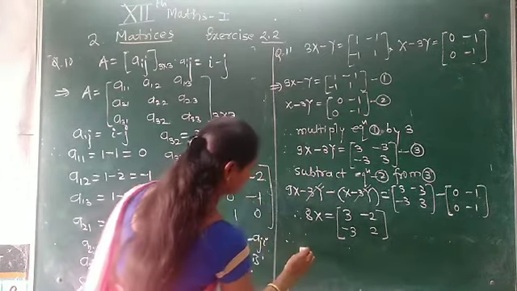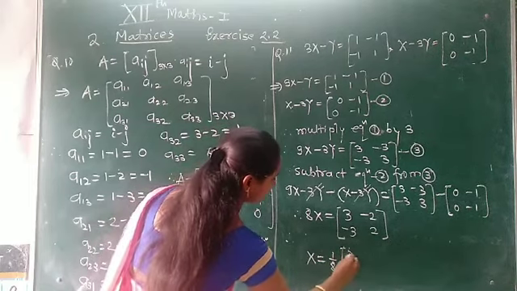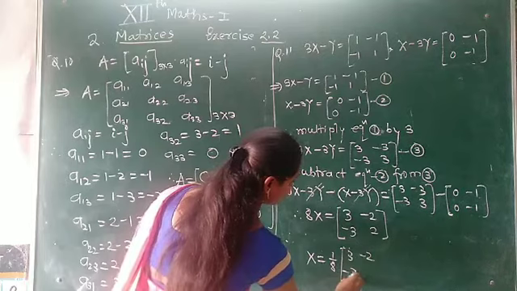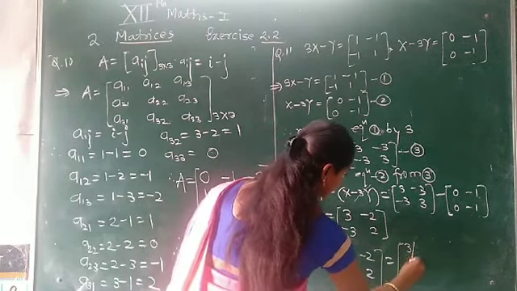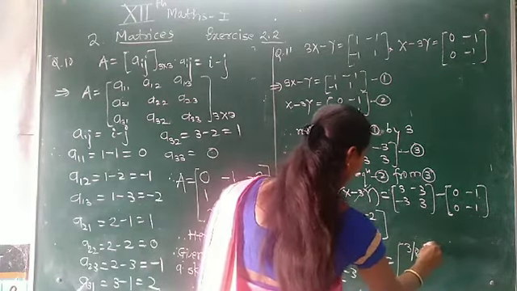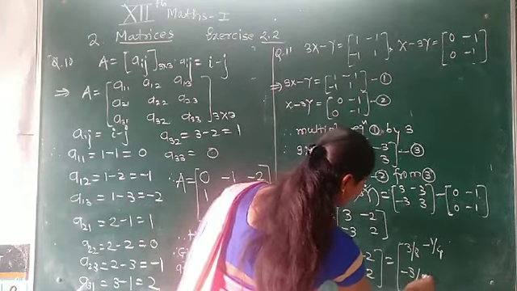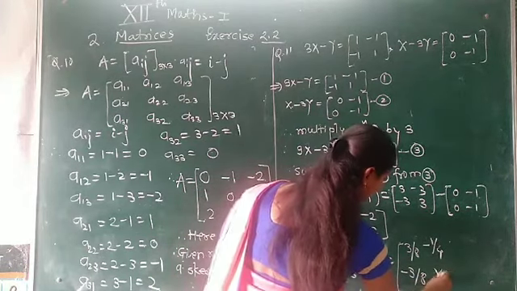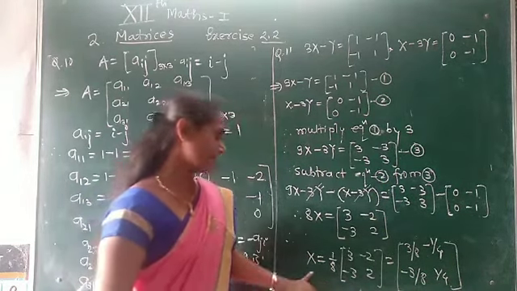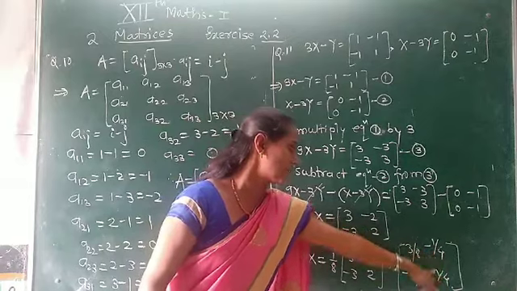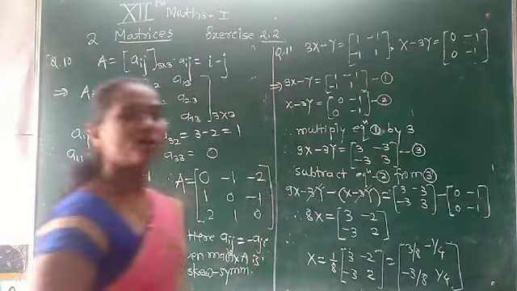So 8x is equal to, therefore x is equal to 1 by 8 into 3 minus 2 minus 3 plus 2, that is equal to 3 upon 8 minus 2 upon 8, meaning minus 1 by 4, and here minus 3 upon 8 and 2 by 8, that means plus 1 upon 4. So here we get the value of x.